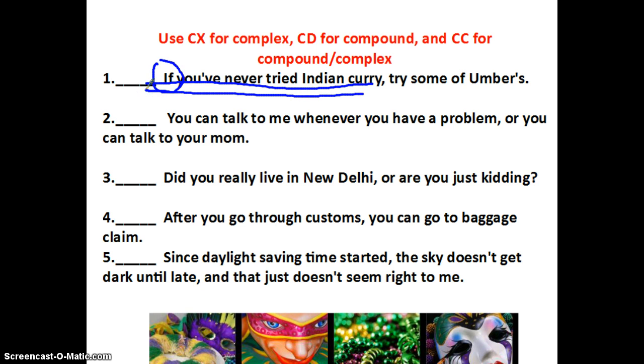Then let's see what's left. What's left is try some of Umber's. Wow, that doesn't seem like it has a subject, but actually it does. It's the understood you. So that would be an independent clause. I'm going to label it with an I.